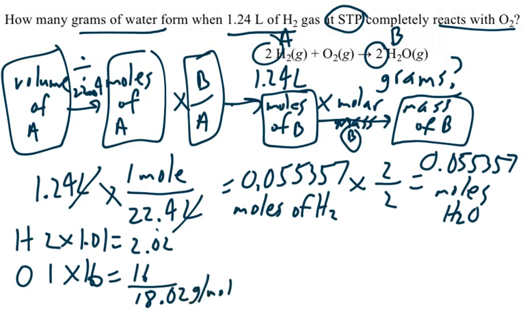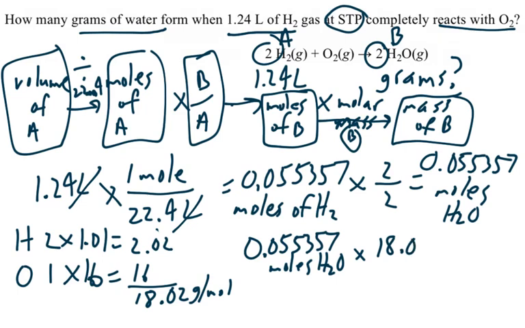So according to the flow chart, you get the moles of B, which is 0.055357, B happens to be water, and you multiply by the molar mass, which is 18.02 grams per mole, the moles will cancel, okay?